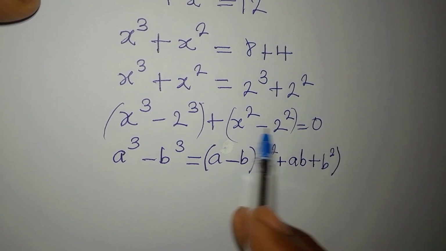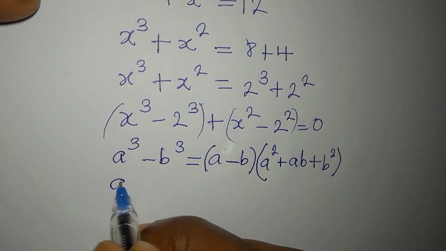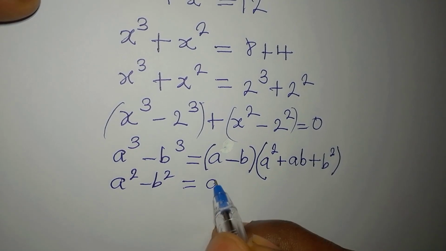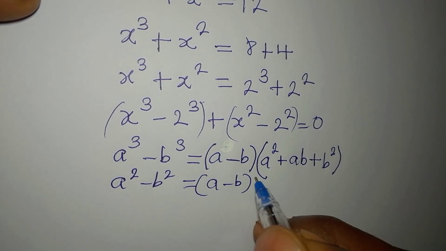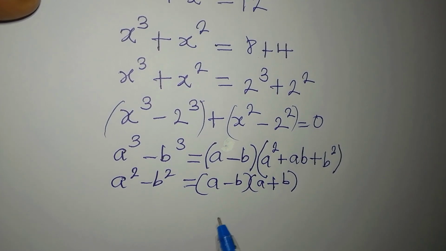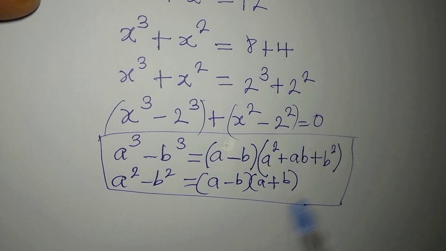And in here, we apply difference of two squares. For difference of two squares, a squared minus b squared is equal to a minus b into a plus b. So we are going to use these two to work on what we have right there.